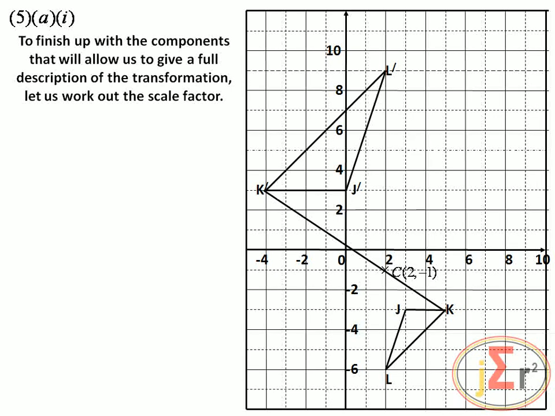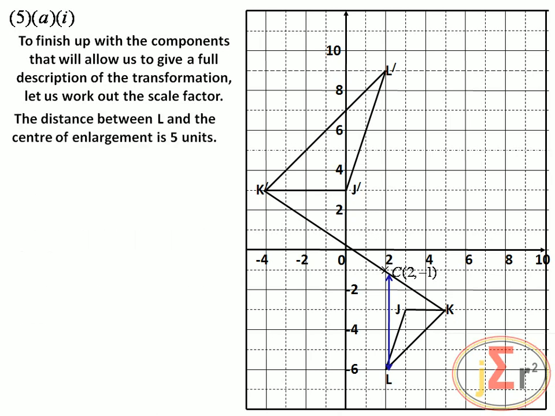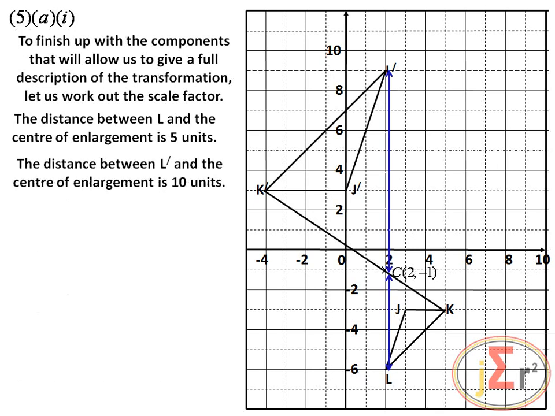To finish up with the components that will allow us to give a full description of the transformation, let us work out the scale factor. What do we have there? The distance between L and the center of enlargement is 5 units. Then we will make use of the distance between L prime and the center of enlargement, and that distance is actually 10 units.